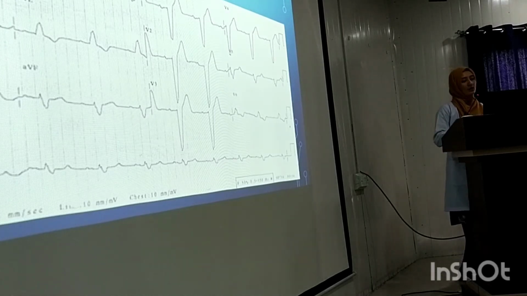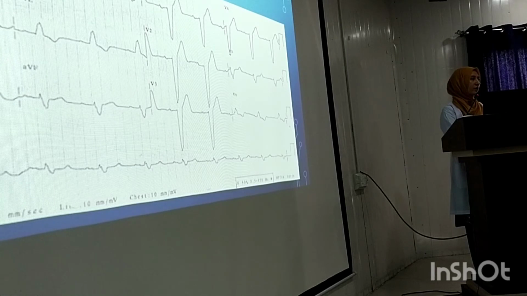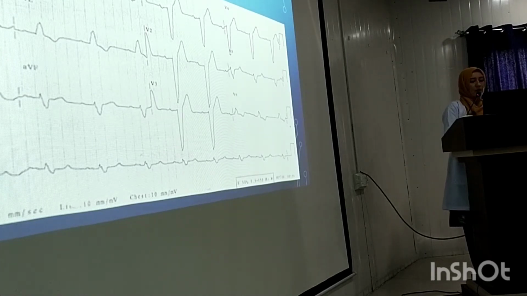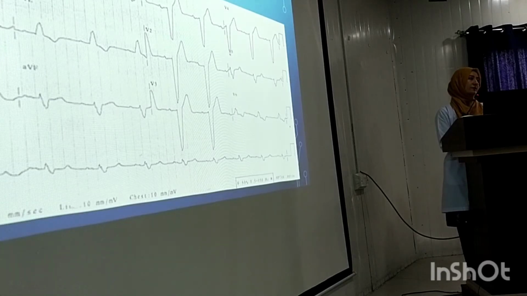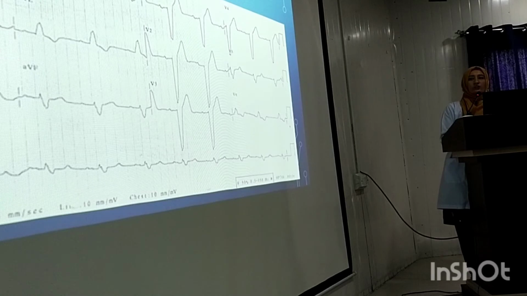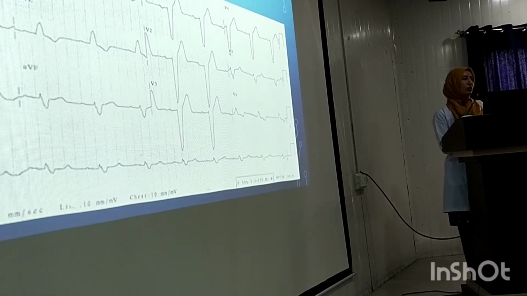Okay, so I think all of you can appreciate the QRS complex is quite broad. Like they all are broad. And then if you can appreciate the T waves, the T waves are not in the same direction as that of QRS complex. If you pick up any lead, the direction of the QRS complex and T wave are opposite to each other.